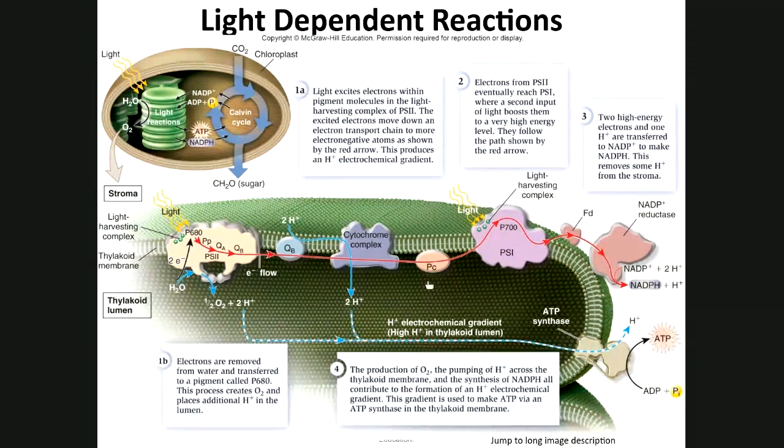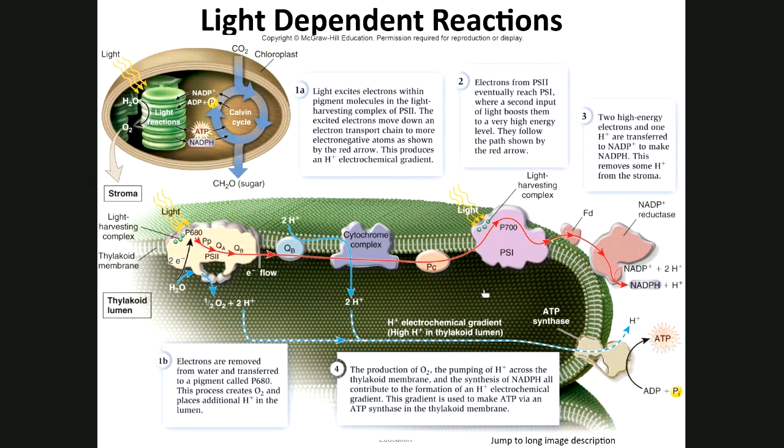So now we're going to have more and more hydrogen ions, and this gradient, we have more hydrogen ions inside the lumen of the thylakoid compared to the stroma. This gradient means that hydrogen ions can move from high concentration inside the lumen to low concentration in the stroma. But as you know, hydrogen ions are ions, and ions don't just diffuse through the membrane.